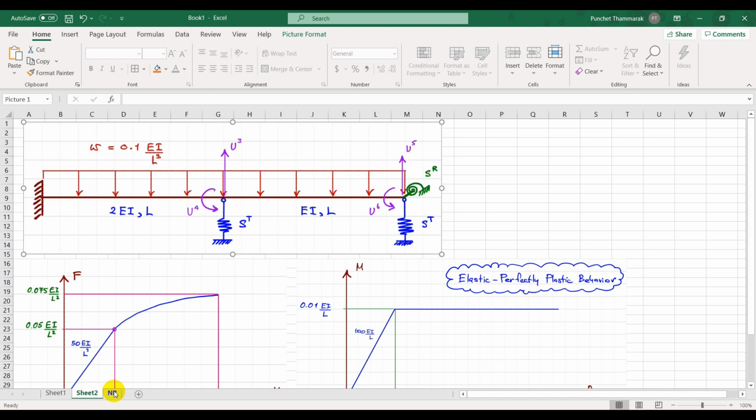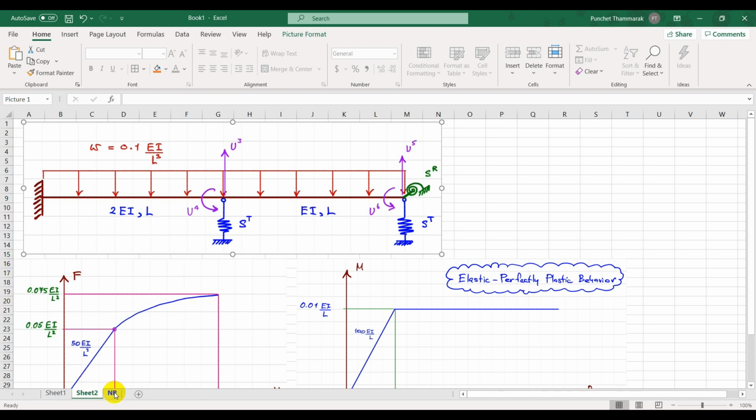These 2 beam elements are not going to be inelastic. It is just the linear element, but the nonlinear elements are only 2 translational springs and 1 rotational spring.